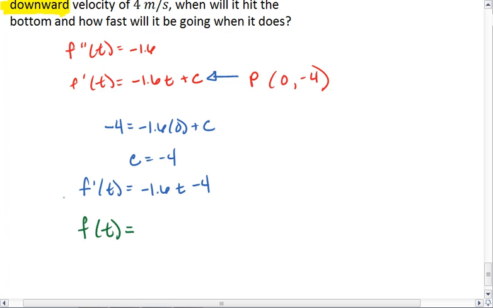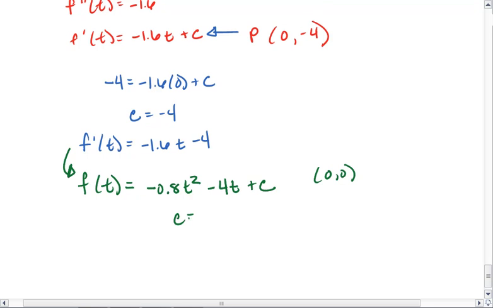We're going to take the antiderivative, is negative 0.8 t squared minus 4t plus c. Again, we'll say that we're starting from 0 meters, which will make c equal to 0. So f of t equals negative 0.8 t squared minus 4t.